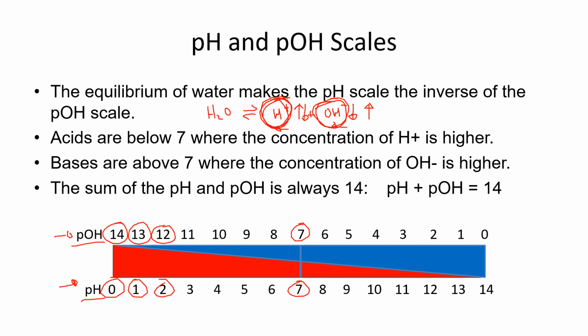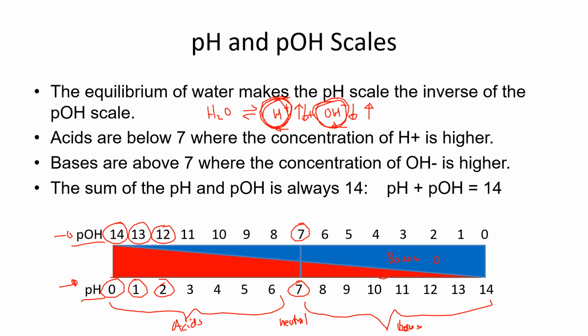And that's how we end up with a scale where you have your acids on the one end here and bases on the other end. And in between is our neutral value of the water. So it doesn't mean that there aren't any hydrogen ions in a base. It just means there's less, right?